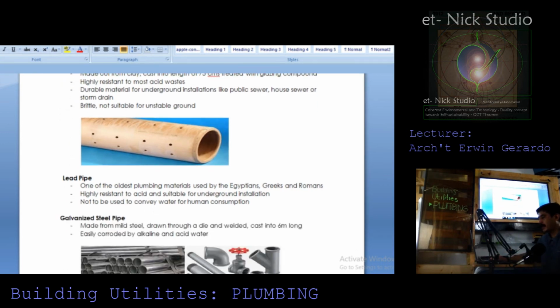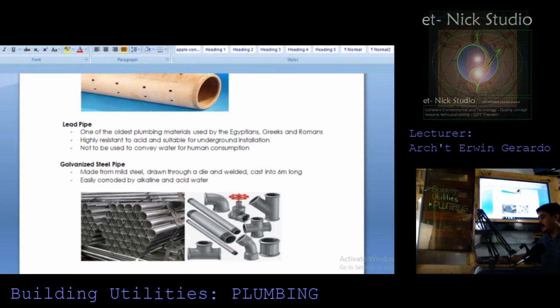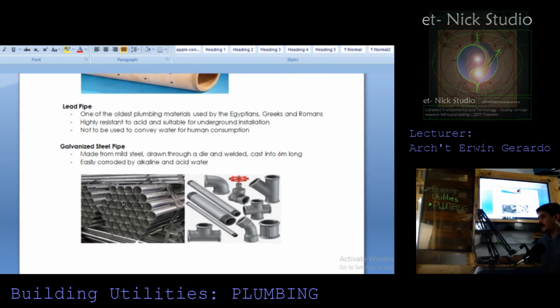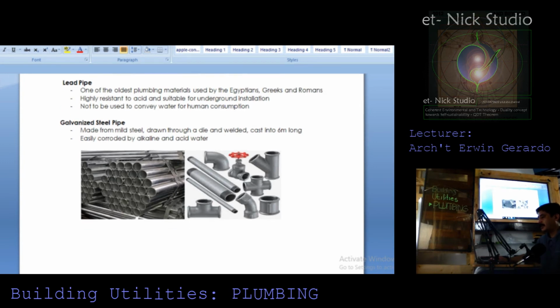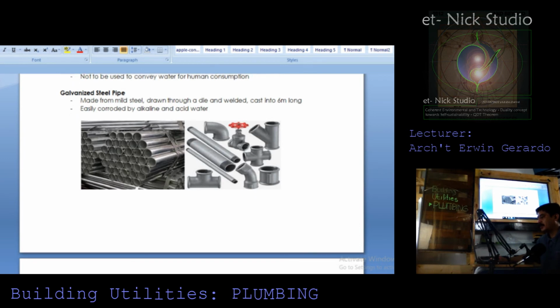The lead pipe, one of the oldest plumbing materials used by the Egyptians, Greeks, and Romans. It is highly resistant to acid and suitable for underground installation, but it is not used to convey water for human consumption. Galvanized steel pipe, made from mild steel drawn through a die and welded, cast into 6 meters long.